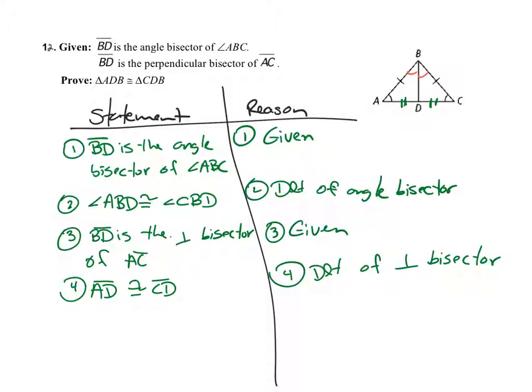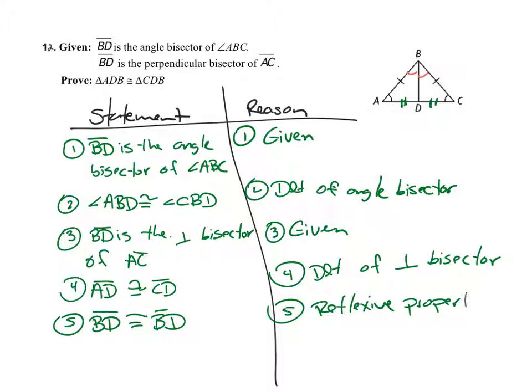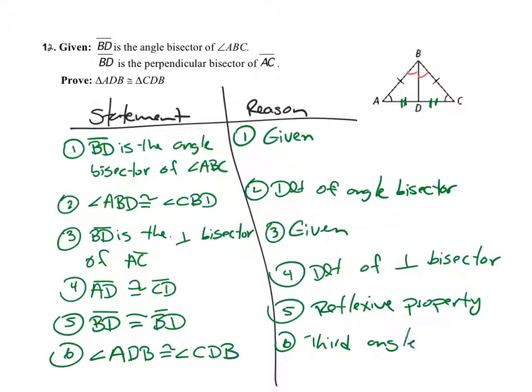Now, I know the fact that BD is congruent to BD by the reflexive property. And I also know that angle ADB is congruent to angle CDB by the third angle theorem.